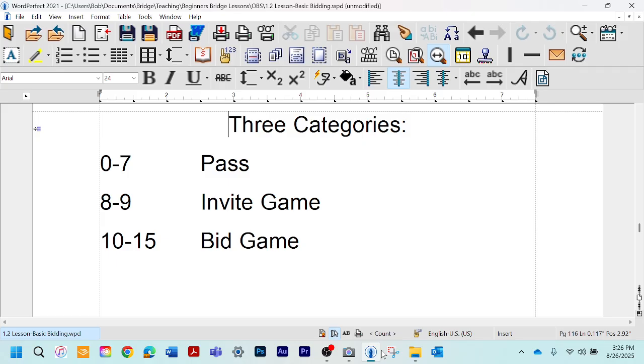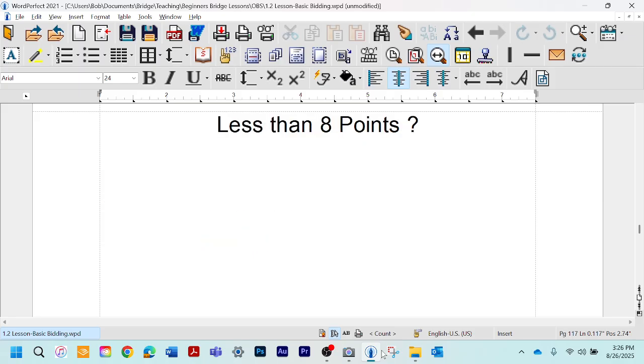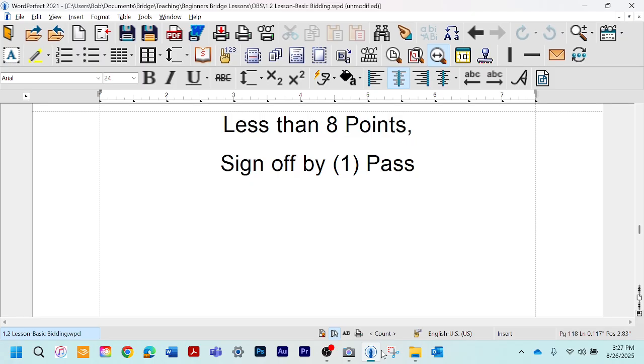But if you happen to have 10 or more, you know without a doubt that you're going to game because he has at least 15. 10 and 15 is 25. So you can bid something, but it's got to be forcing so that he can't pass short of game. Now, if less than 8 points, always sign off with a pass or the transfer bid.